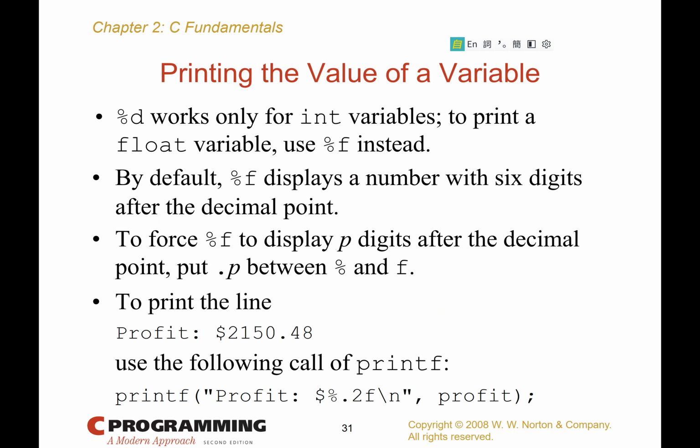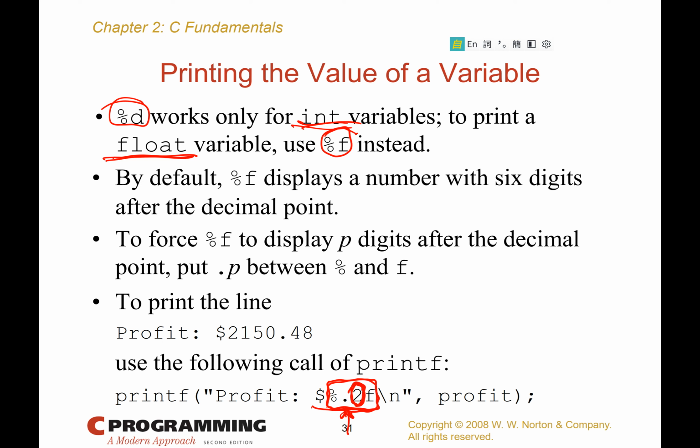Everybody should remember, at least for now, for a floating variable, you use percentage F. For an int data type or int variable, you use percentage D. And if you want to specify how many digits after the decimal point, you can use something like this one, percentage point 2 F. It means after the decimal point, you have 2 digits.